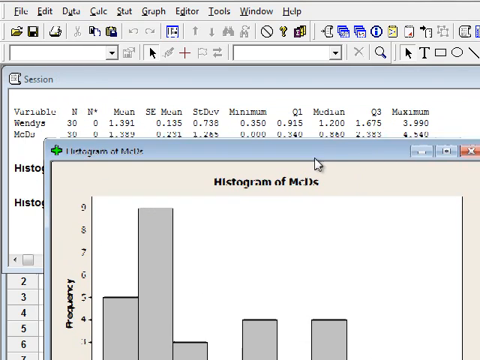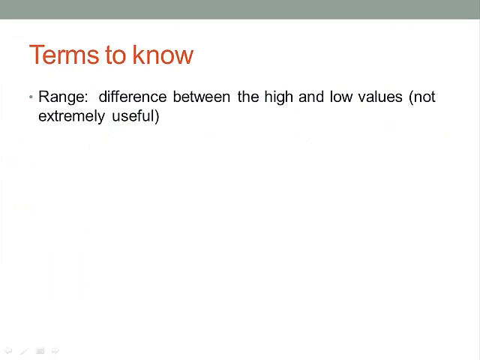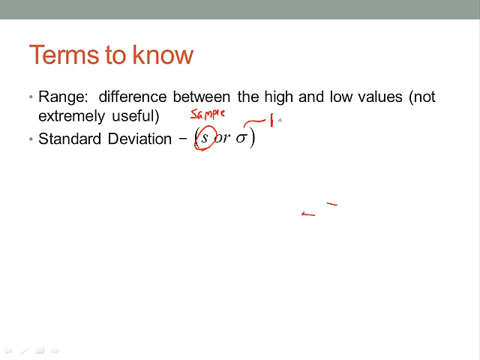Okay, some terms to know. The range is just the difference between the high and the low values. Not very useful because it's not a robust statistic, right? It'll change by the outliers, and the outliers themselves would be a high or a low value. Standard deviation, we will use either the letter s for a sample standard deviation, or the Greek letter lowercase sigma for the population standard deviation.